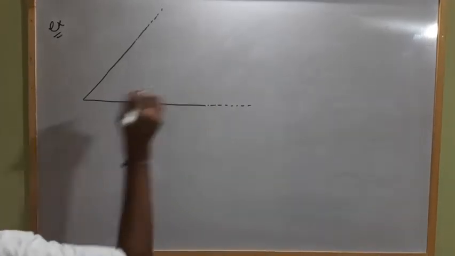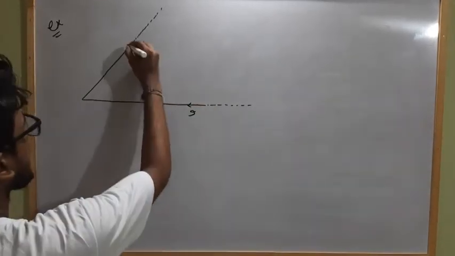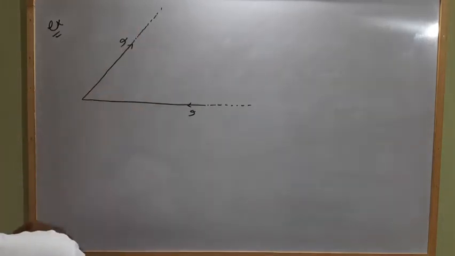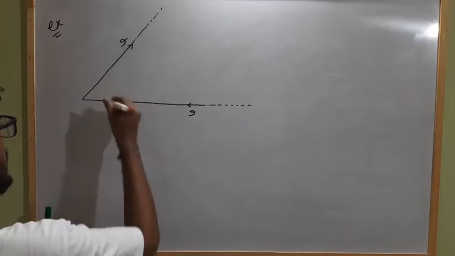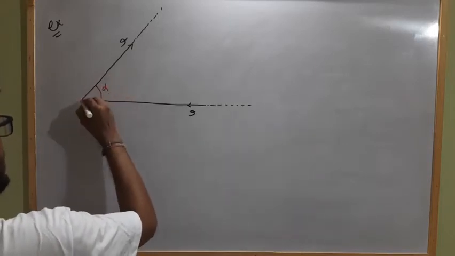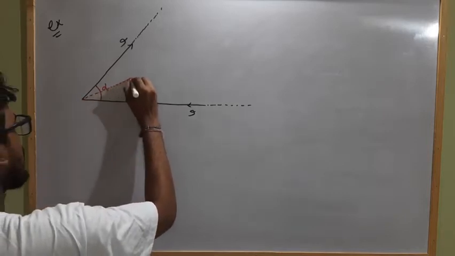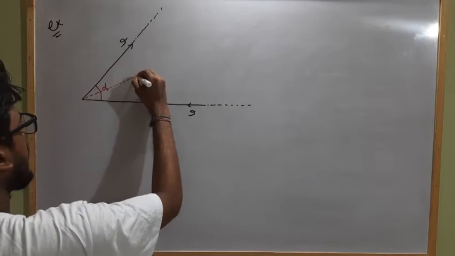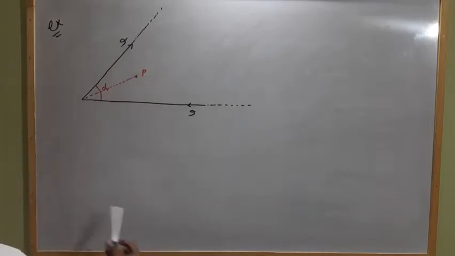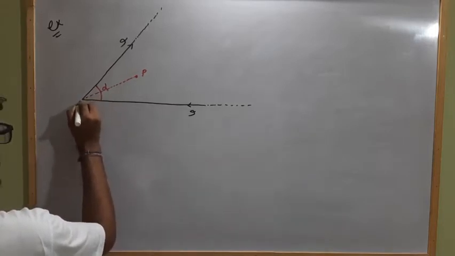This is an infinite long straight current carrying conductor which carries current I in this direction, and its bend angle is alpha. Here is the point of observation P on the angle bisector, which is at a distance of D from this bending portion O.